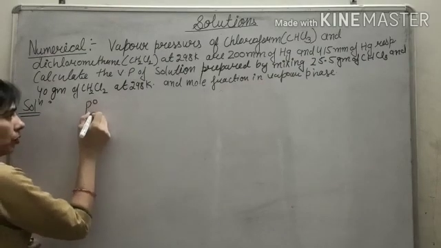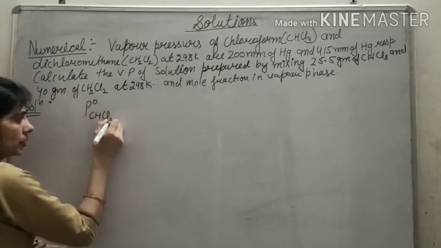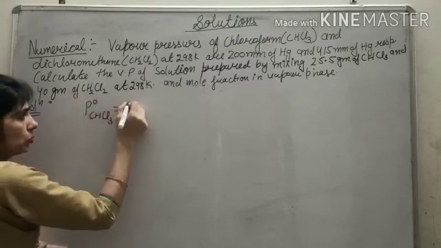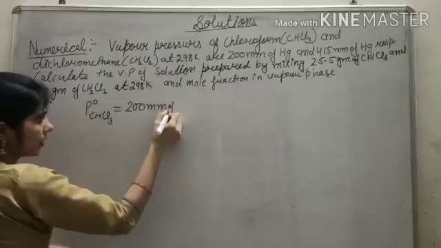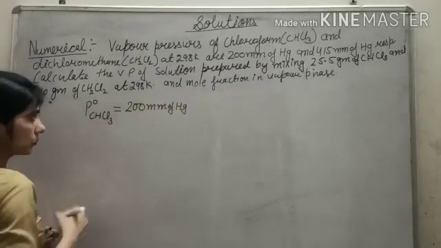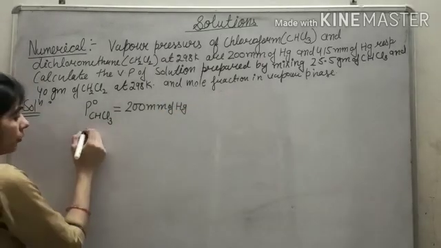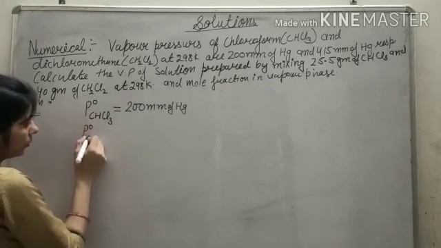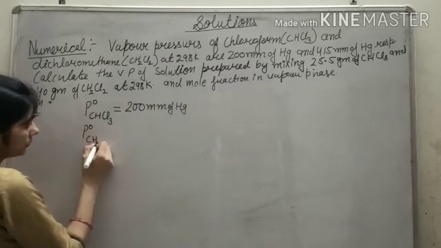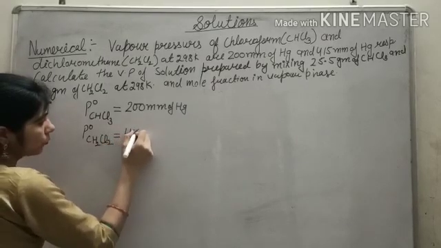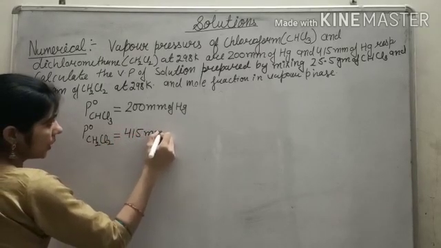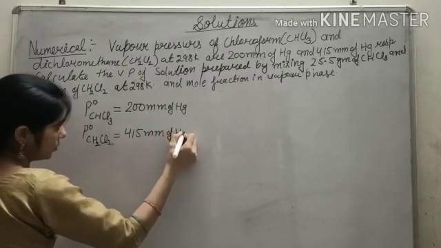So P naught of CHCl3 is equal to 200 mm of Hg, and the vapor pressure of dichloromethane in pure state is equal to 415 mm of Hg.